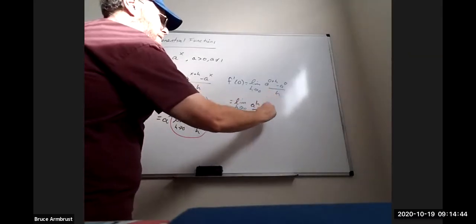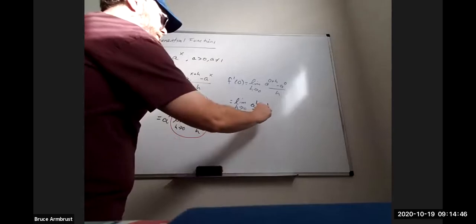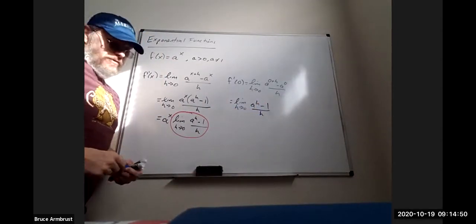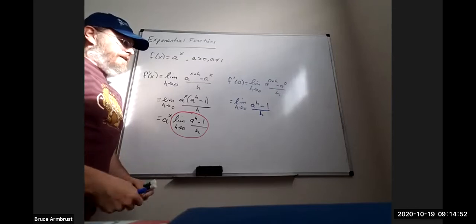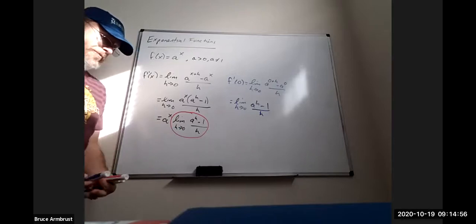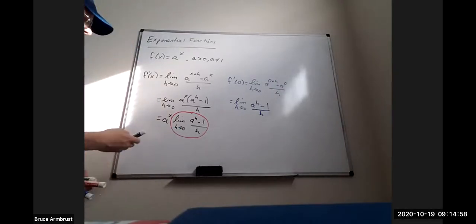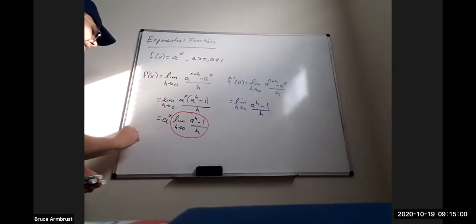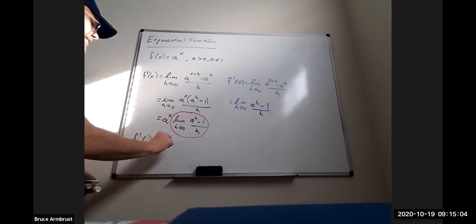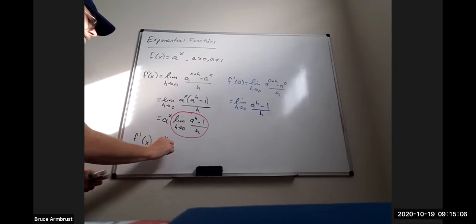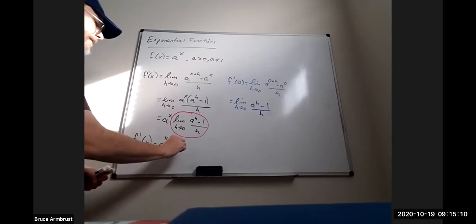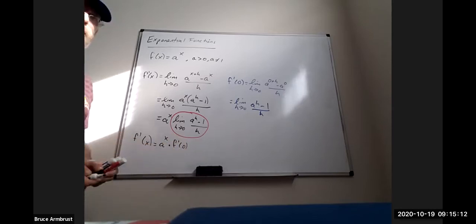That's just minus 1 over h. Which coincidentally is exactly what we had over here in this limit. And so what we're seeing here is that f prime of x is equal to a to the x times f prime of 0.